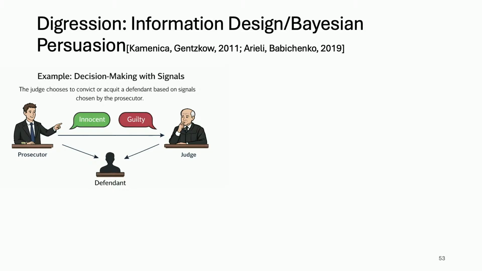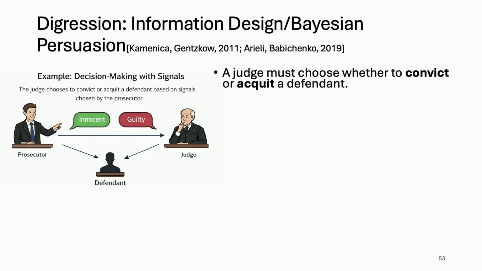So far we haven't talked about what it exactly means when we say design information. So let's go back to the paper by Kamenica and Gentzkow in 2011. They proposed this thing called information design, or Bayesian persuasion. Here is a simple example from this 2011 paper. Consider a game between a prosecutor and a judge.